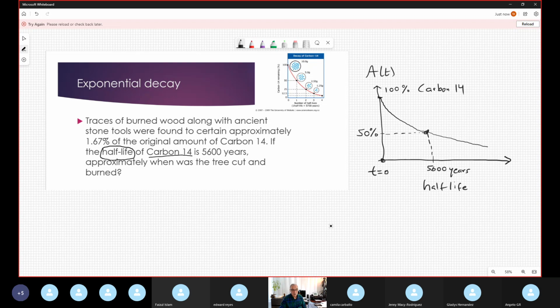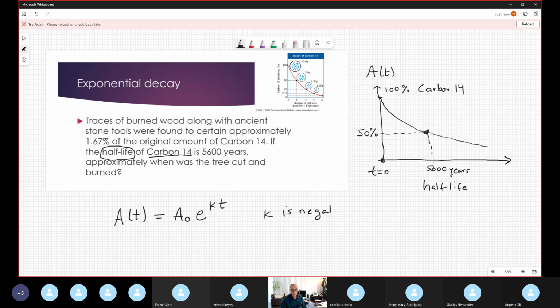Okay, so our problem is to determine, so you have the formula, very, very similar. The amount of substance, in this case carbon-14, at any time is equal to the initial amount, A null, e to the kt. But you say, well, professor, it's the same formula? No, it's not the same formula, because in this case k is negative.